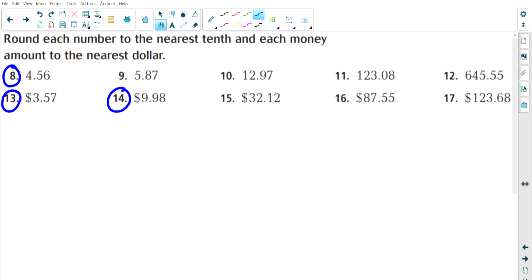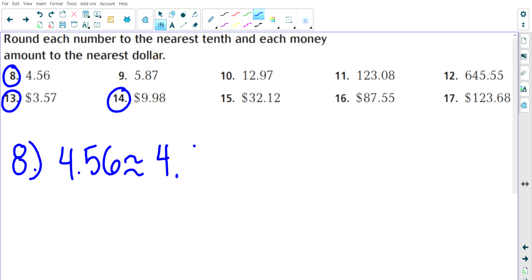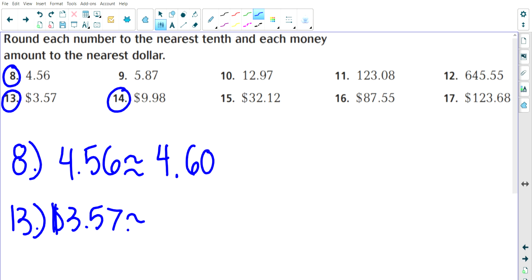Okay, so you should have solved these by now. Number 8, 4 and 56 hundredths. We're rounding to the nearest tenth. That should round to about 4 and 60 hundredths. Number 13, $3.57 should round to about, rounding to the nearest dollar, $4.